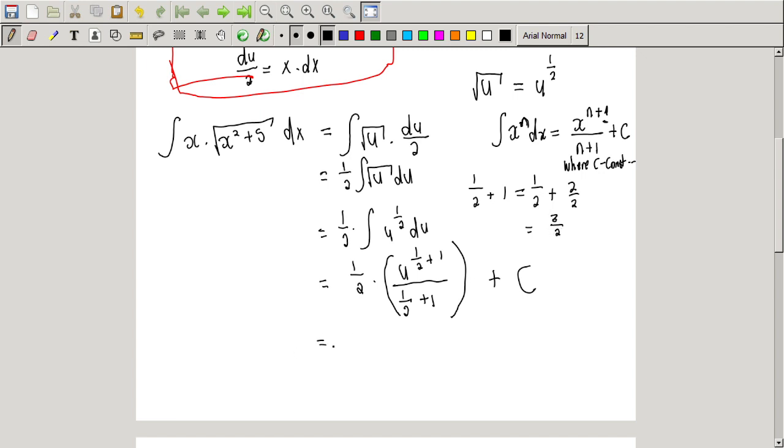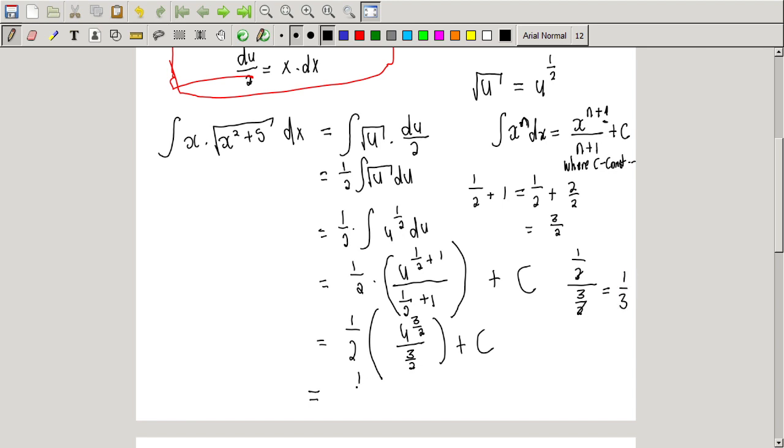So this is the same as 1 over 2 multiplied by u to the power of 3 over 2, all divided by 3 over 2 plus c, which results in, we know that 1 over 2 divided by 3 over 2 is the same as 1 over 3.